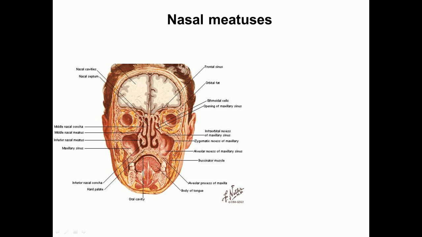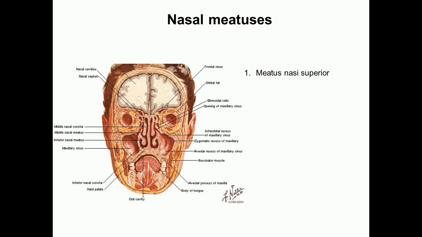We can see the maxilla together with the sinus maxillaris sectioned, and we can see the oral cavity together with the tongue also sectioned. And in the nasal cavity we can find several departments of the cavity, of the space, which are named meatuses.